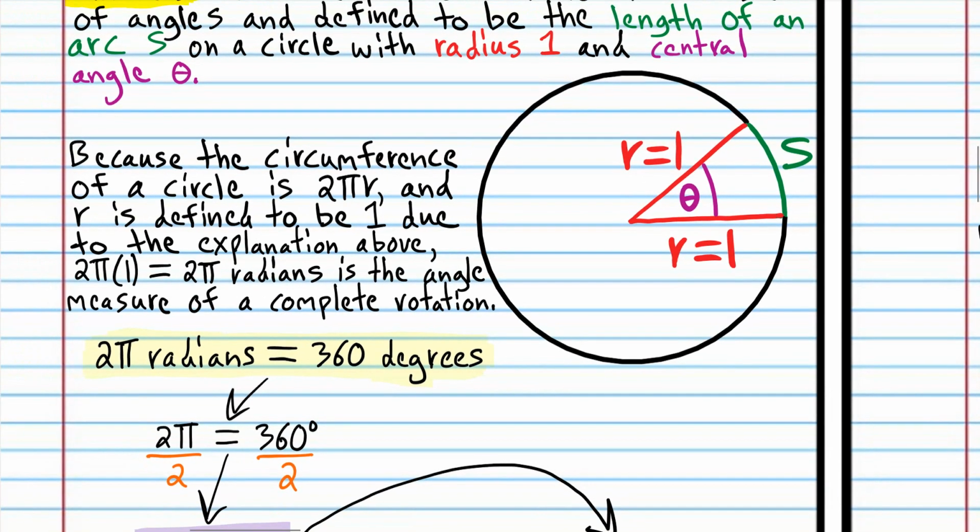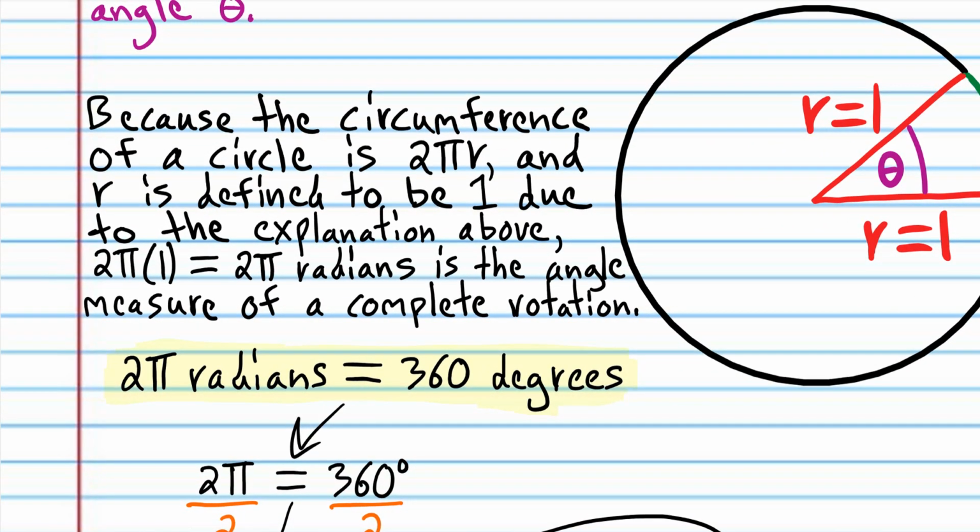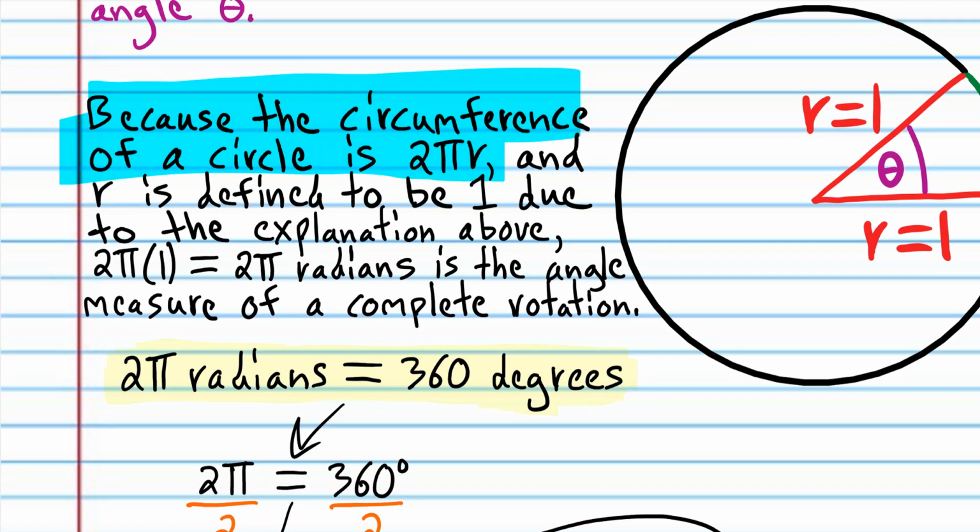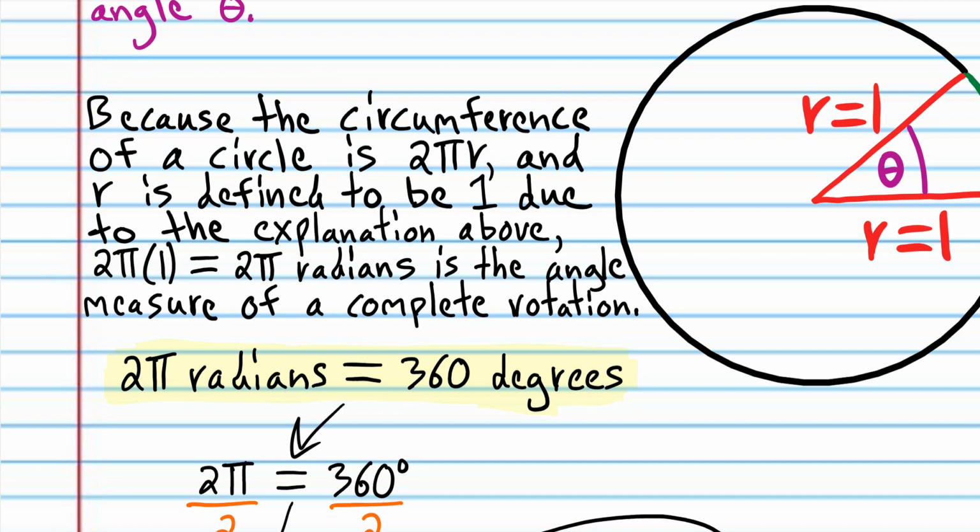And again, there are many reasons that we define radians this way. You're going to learn an application maybe in the next class or the class after, and in calculus, like I said, you're going to see why we prefer these units. Now, because the circumference of a circle is 2 pi r, remember, if you want to find the circumference of a circle, the distance all the way around the outside of the circle, the perimeter that is, you use this formula 2 pi r.